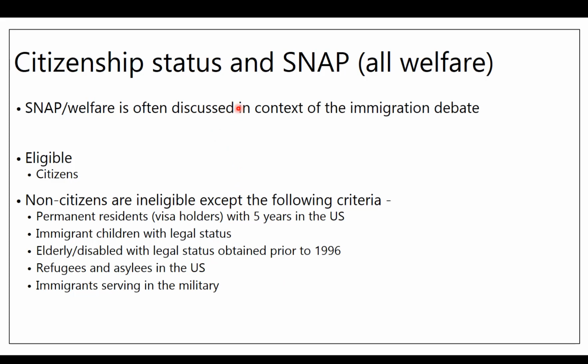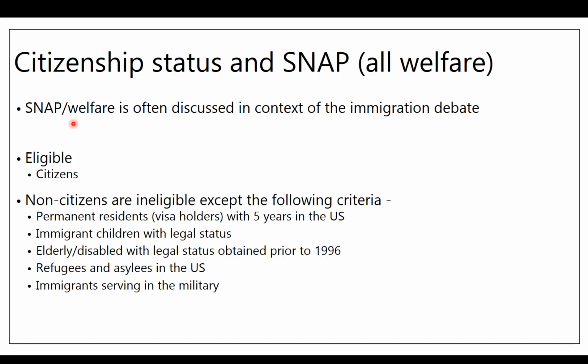Another debate sometimes comes up, but sort of falls away again. The immigration debate is very much on the back burner at the moment. It was serious for a couple of years. But SNAP, welfare, any kind of assistance programs often get discussed in there, basically saying, well, these people are here illegally, or they're undocumented participants in the economy, but they're also getting these benefits.